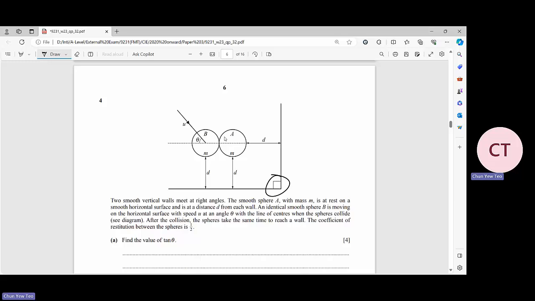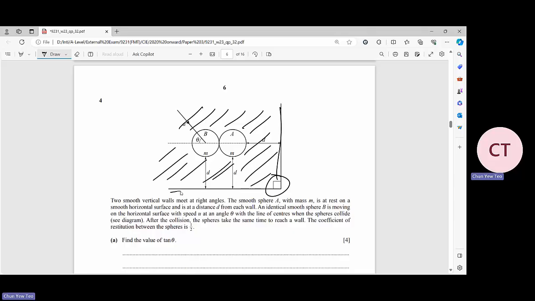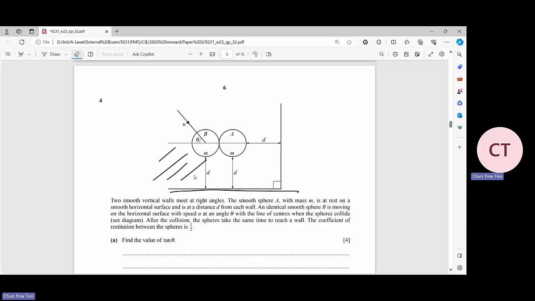So this is the floor, and this is the wall. They have a collision. After they collide, A will start moving, and B will change the direction of motion. But at the end, A will reach this wall, at distance d, and B will reach this wall over here.